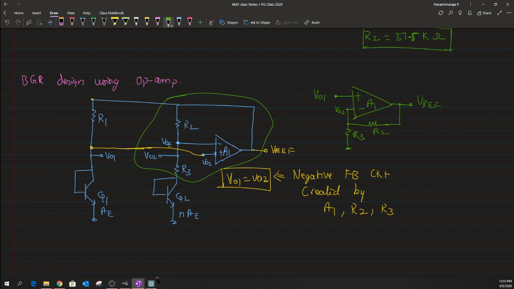The type of op amp that we have realized is a non-inverting amplifier, and we know that the closed loop gain of this non-inverting amplifier can be written as 1 plus the feedback resistor, which in this case is R2, divided by the R3 resistor. This is the combination that we have out of this particular circuit.